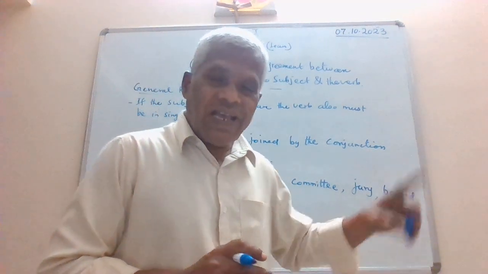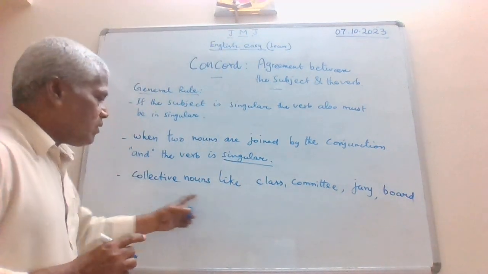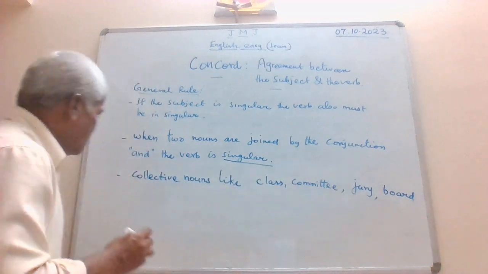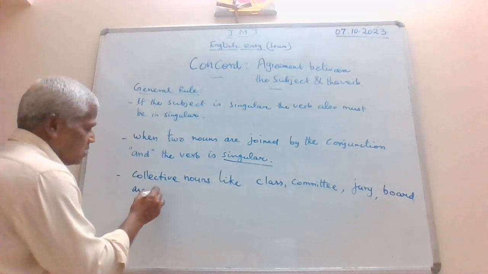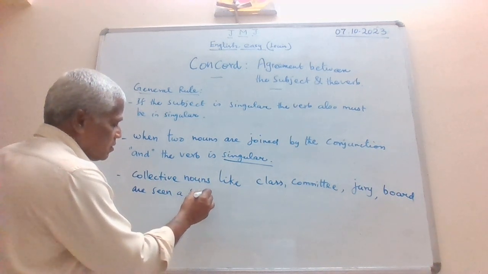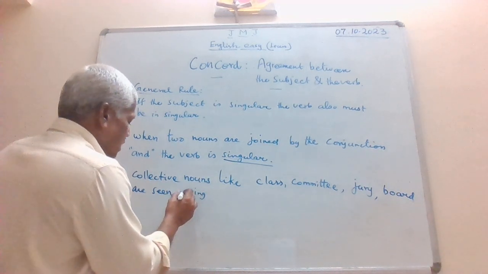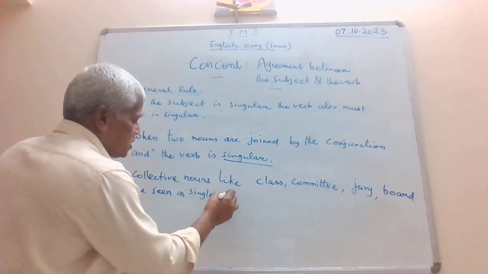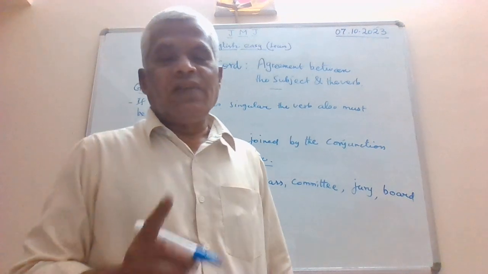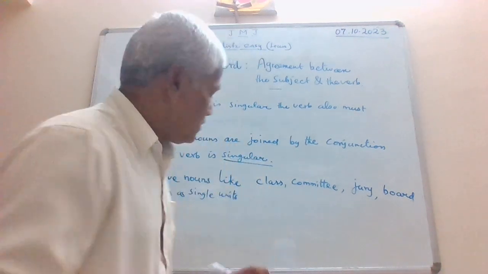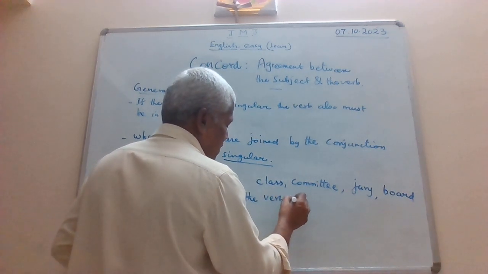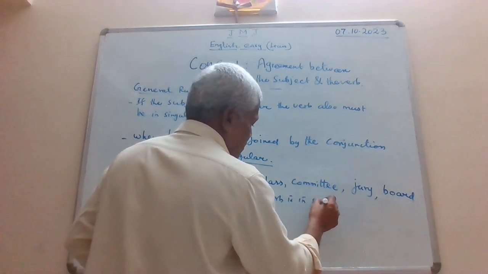So if they are taken as a singular unit, collective nouns like class, committee, jury, and board are seen as or taken as single units, and the verb will have to be in singular.